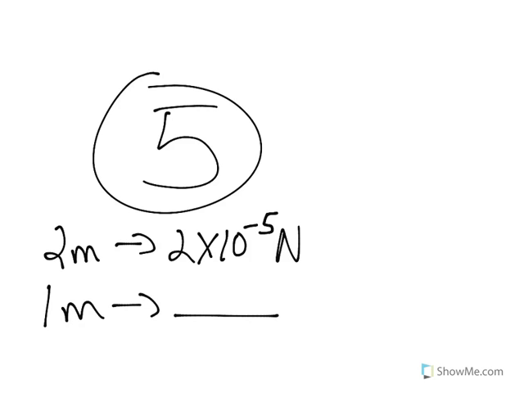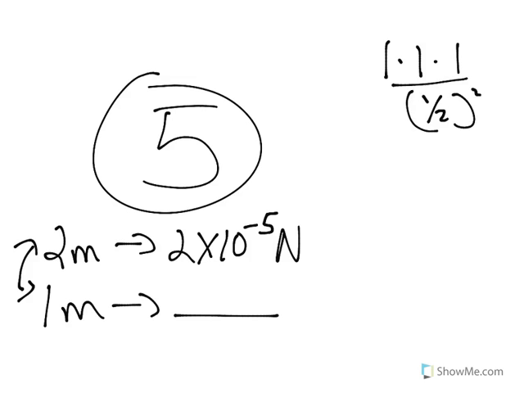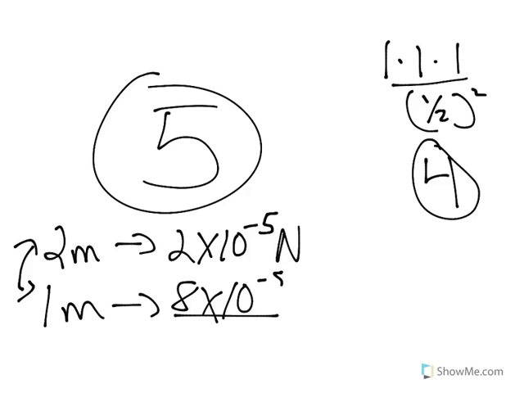Well, there's an easy way to do this, which is to say, how do these two relate to each other? 1 meter is clearly half of 2 meters, so we can plug it into the 1 divided by 1/2 squared, and we can see that we get 4 times the force if we halve the distance. 4 times the force would be 8 times 10 to the negative 5th newtons. The end.